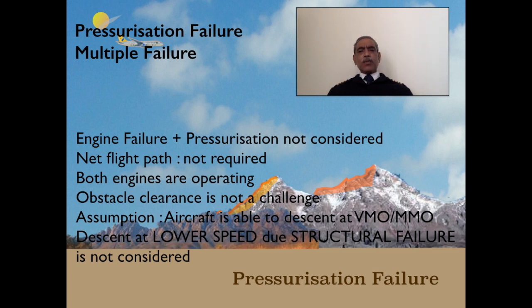So, at the moment, the legal requirements specify that the aircraft is assumed to be able to increase the descent speed to maximum VMO and MMO, and use of speed brakes is permitted, and then the aircraft continues to descend, achieving fairly high rates of descent.